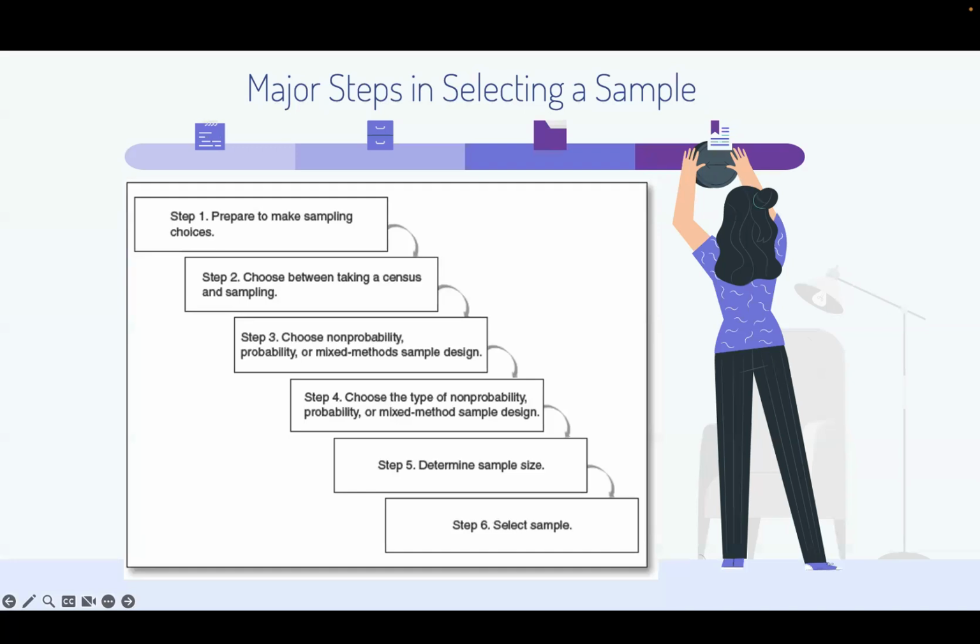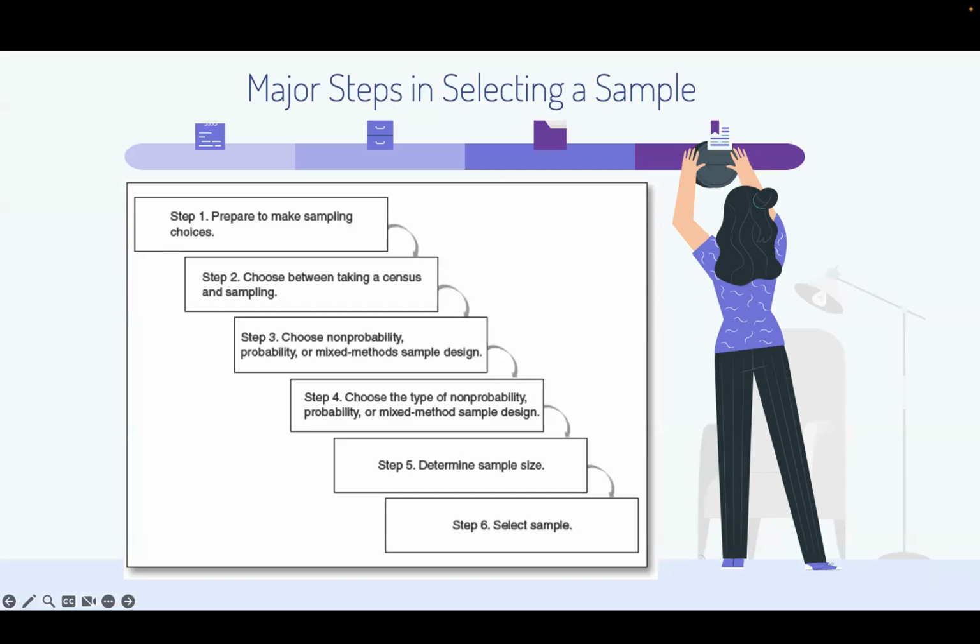Once a decision is made to sample, the next step involves choosing between the two major types of sampling, non-probability sampling and probability sampling. Step four is to choose the type of non-probability or probability design. And step five is to determine the sample size.